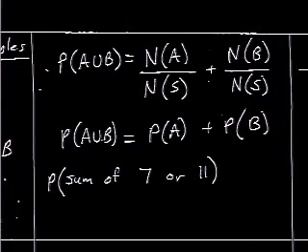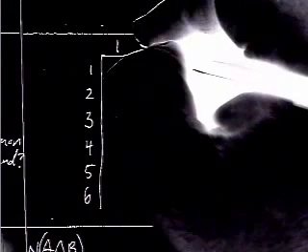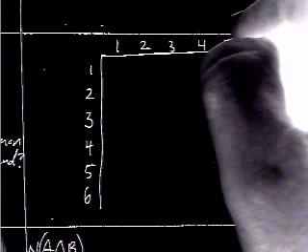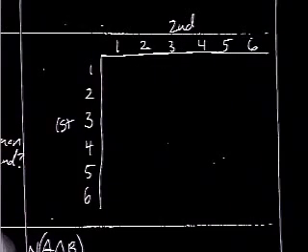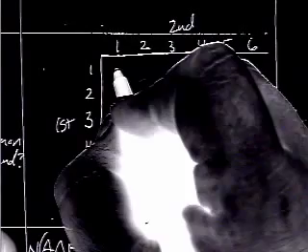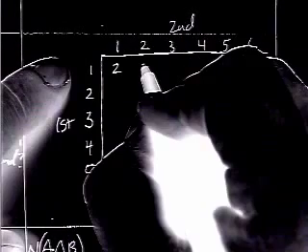The probability of rolling a sum of 7 or a sum of 11. Well, we probably need to look at a sample space for this. So we'll have to build a sample space for the sum. So let's look at what looks like a matrix, but it's not. All I'm doing is trying to figure out what the sums would be. I don't care whether you call that first die and that second die or whichever you want. But if I rolled a 1 and a 1, the sum would be 2.